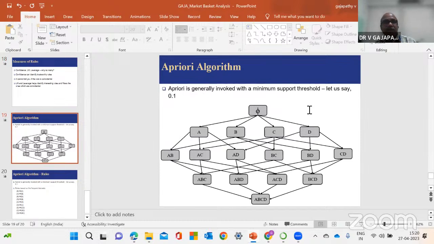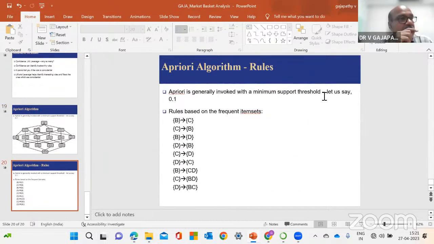So therefore I have to give this. What is the minimum? For example, I'm going to give a gold coin, a 10,000 rupees gift. Then I have to say that a super strong association should be there.